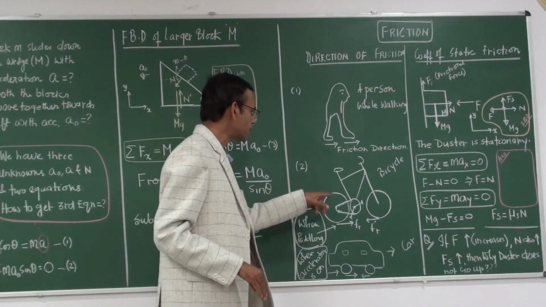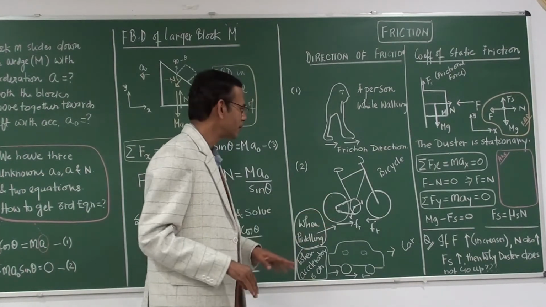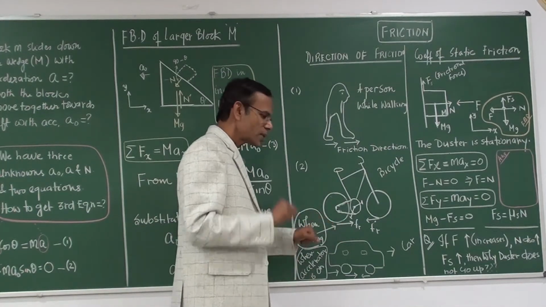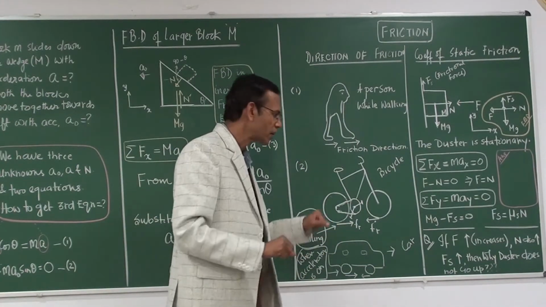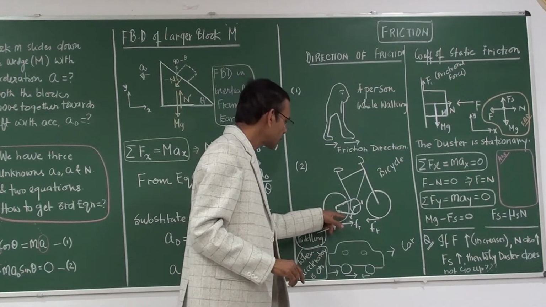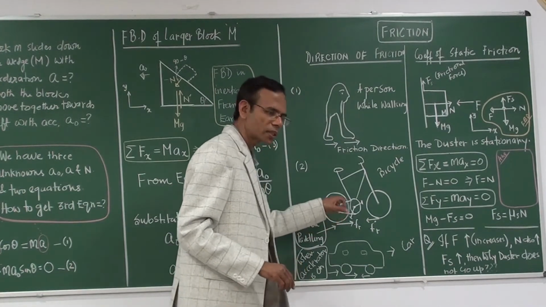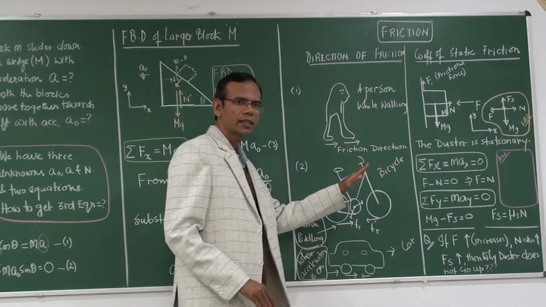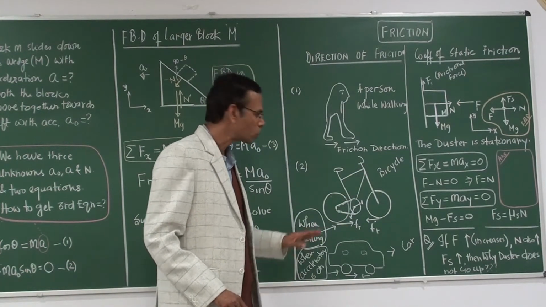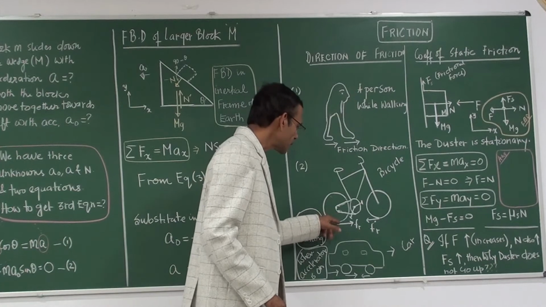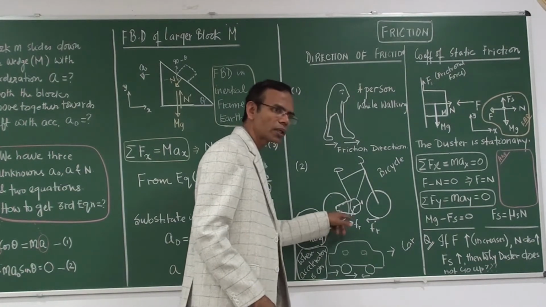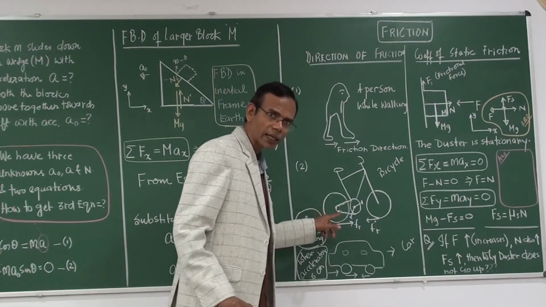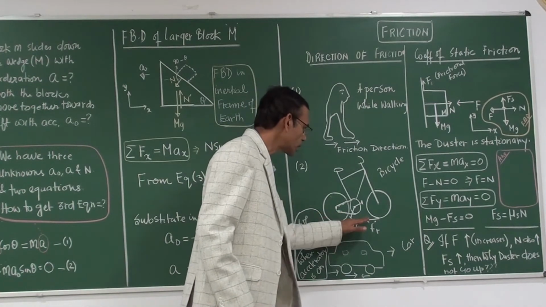Second example is that of a bicycle. Here, when somebody is pedalling, what he is doing is giving a force, and from the earth he is getting a forward push. So the friction at the back tire is in the forward direction.